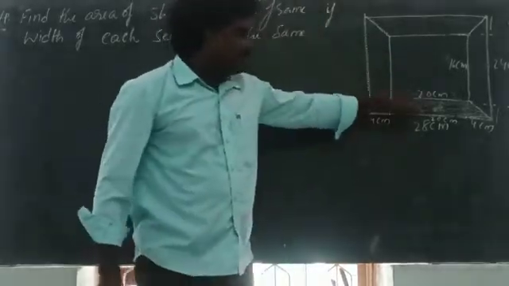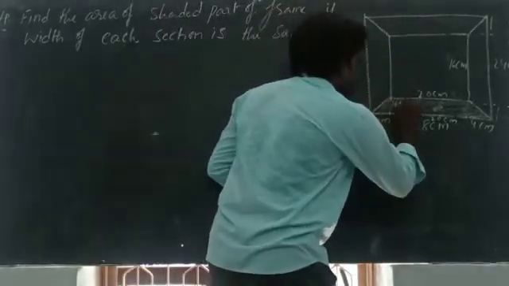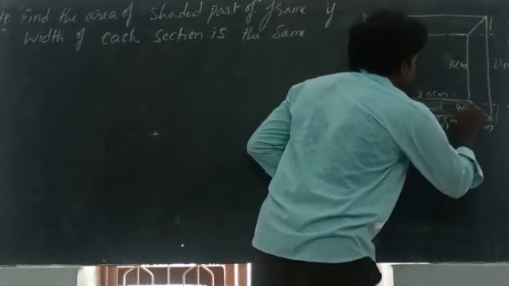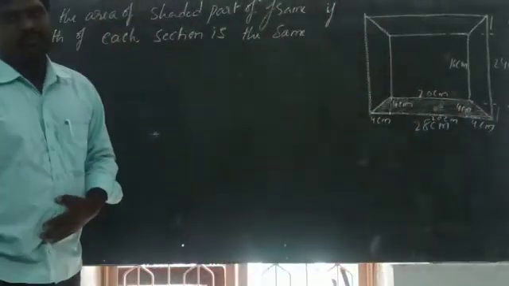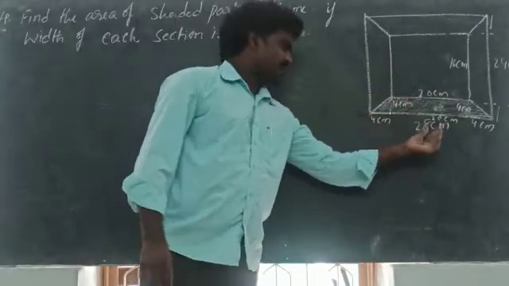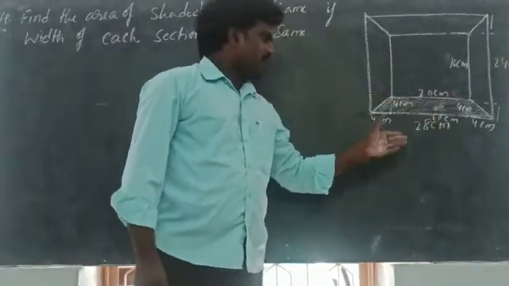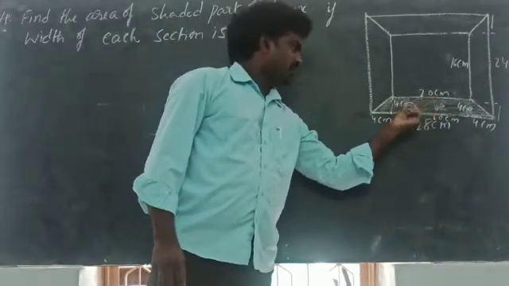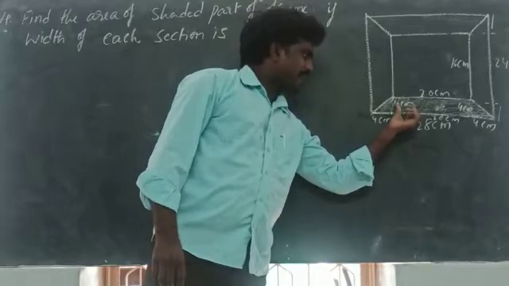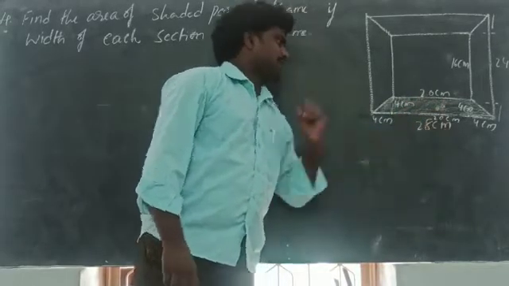Now the area of trapezium. The shaded part is in the form of a trapezium. So the area of trapezium is equal to, how can we find? Half into distance between two parallel sides into sum of two parallel sides.